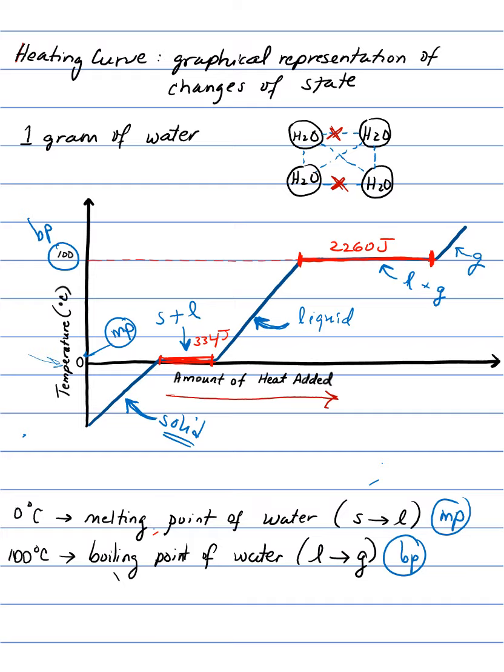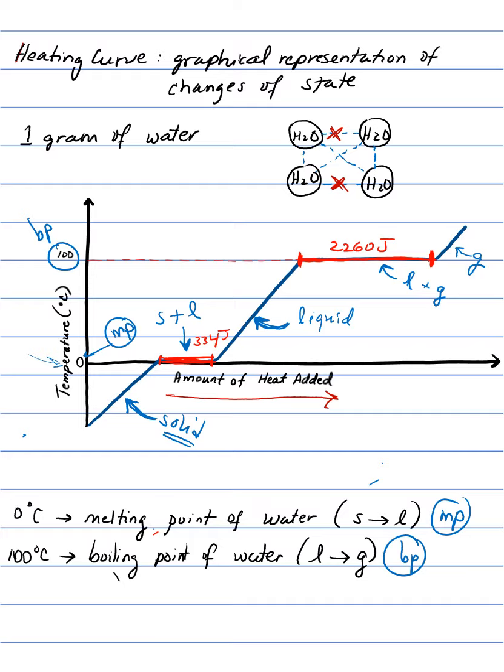Now, when you move in your graph up all the way to that line where you have 2260 joules of energy, that amount of energy represents the amount of energy that is required to break apart all of the attractions between all of the water molecules.